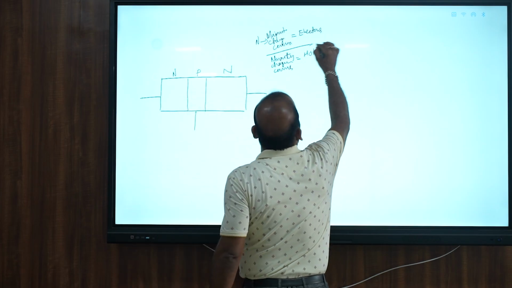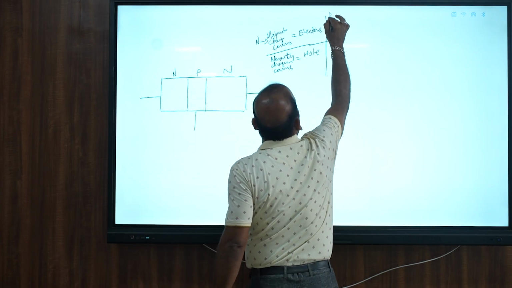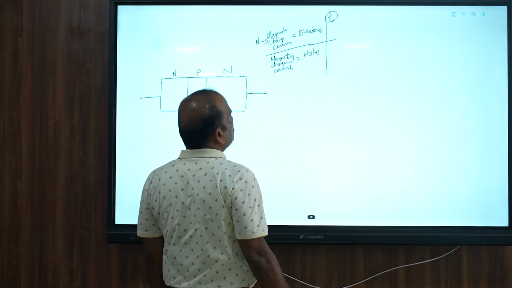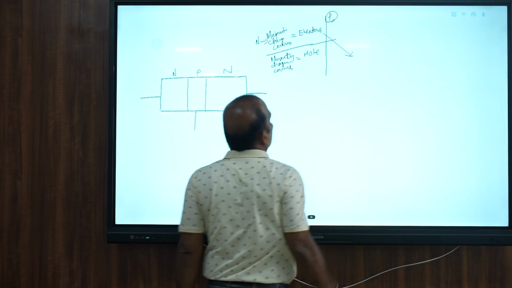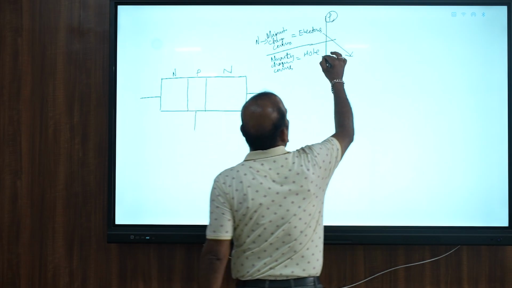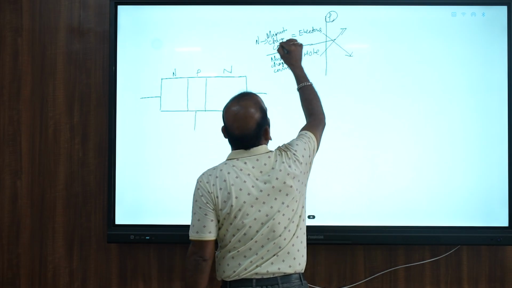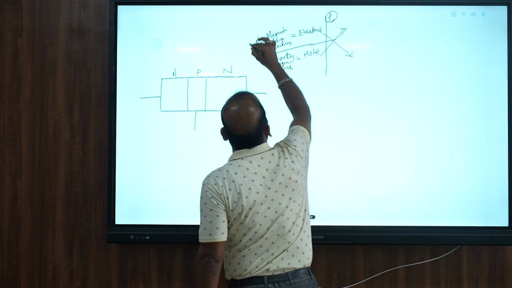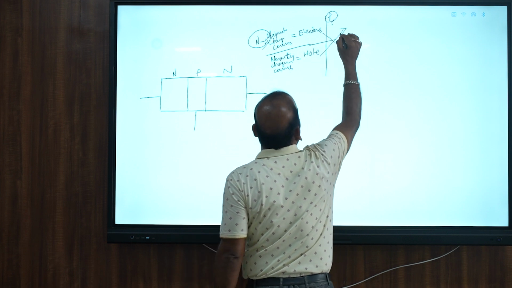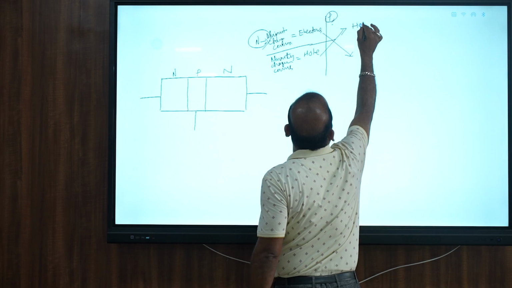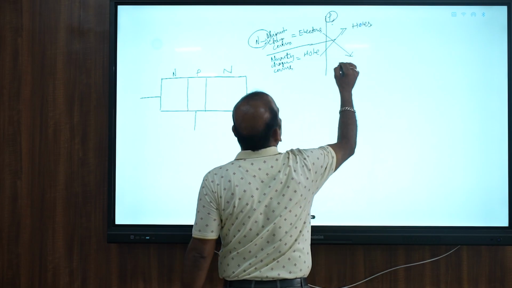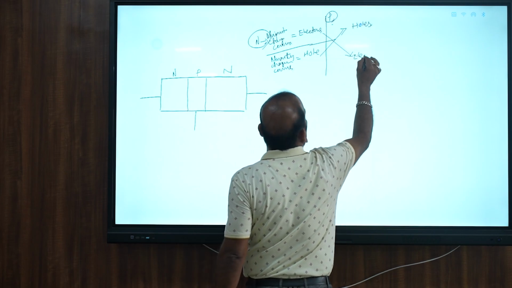And in case of P-type material particularly, this is becoming crisscross, like electrons come to the minority side and holes come to the majority side. That means this is your N-type material, this is your P-type material. In P-type, the majority charge carriers are holes and the minority charge carriers are electrons.